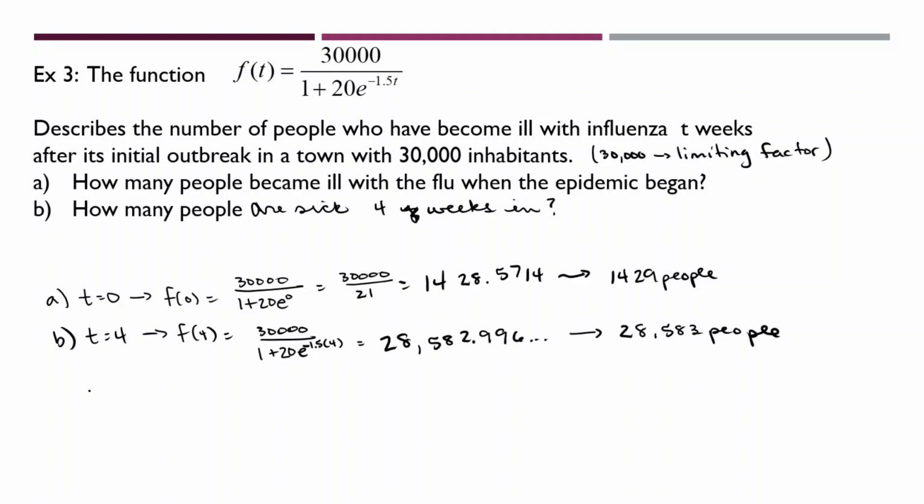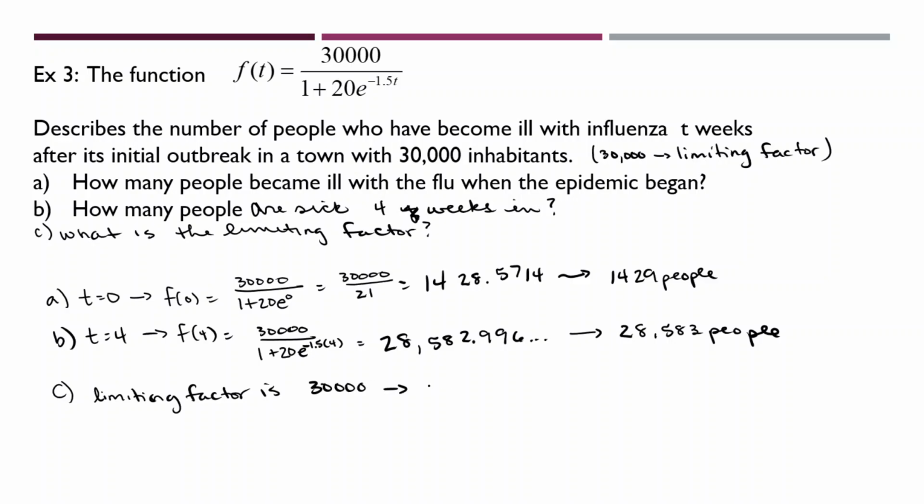And then finally, the question is, what does this limiting factor mean? Okay, well, the limiting factor, we already said, is 30,000.